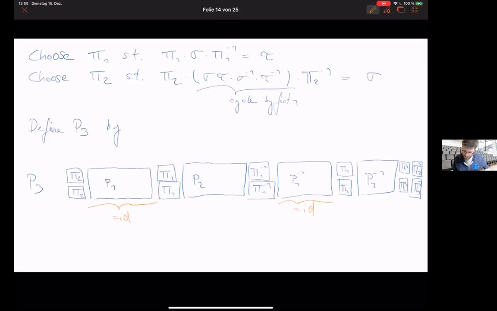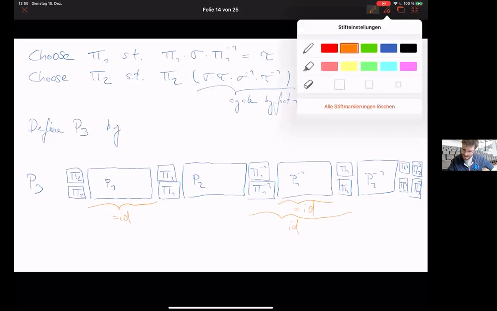So then I can go here: I have pi 1 inverse times pi 1, which is also identity. I have pi 2 times pi 2 inverse, also identity. And lastly, the pi 1s cancel out and the pi 2s cancel out. So if P1 of x is identity, then the whole thing is identity. The same thing if P2 of x equals identity.